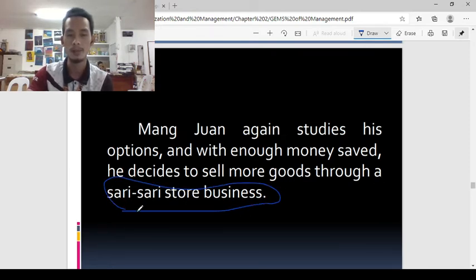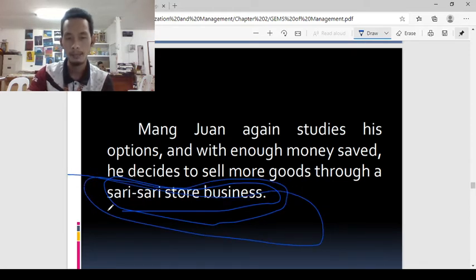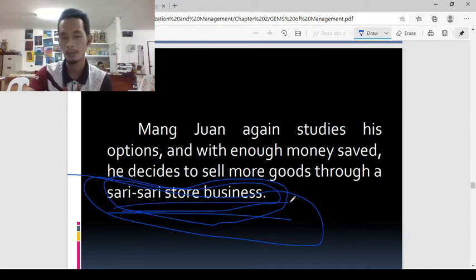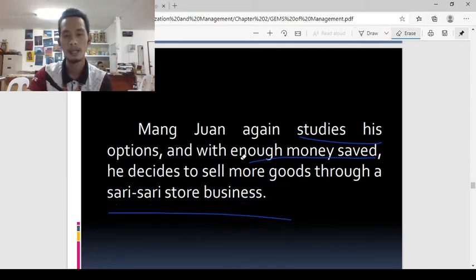So, nag-plano si Mang Juan to put up a sari-sari store business. Okay, plan na po siya, balik na po ta sa goal setting. So, naka-plan na siya nga mag-put up og sari-sari store business, considering enough money saved, and after studying his options, so naka-realize siya nga start na po siya og sari-sari business.